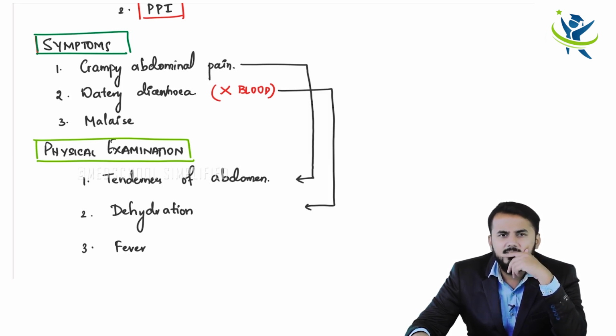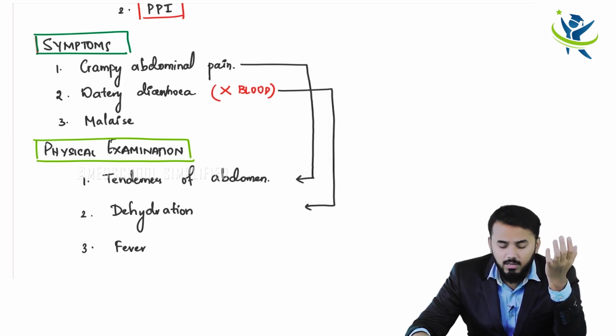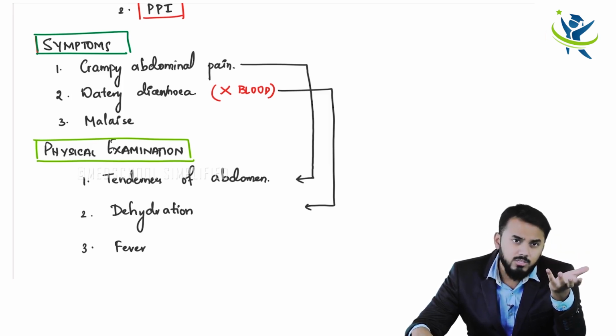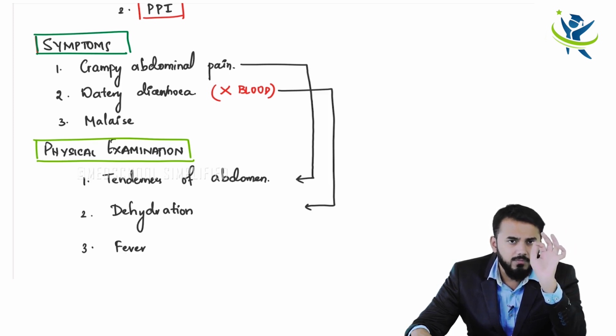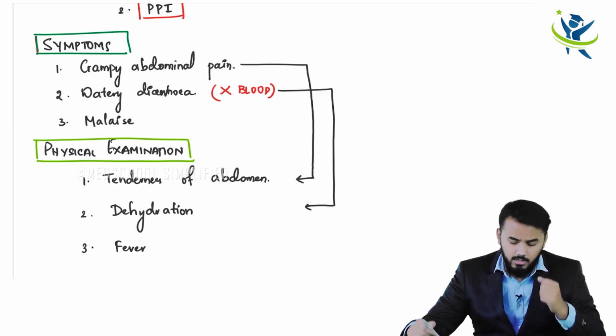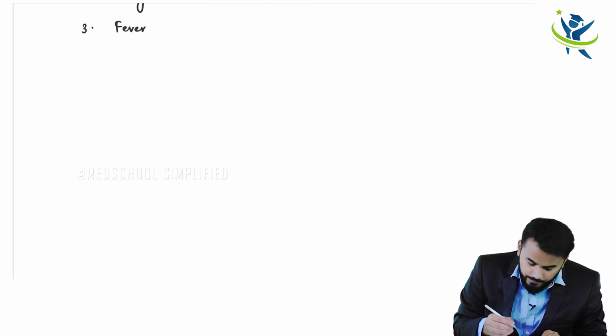Now after looking at this, I have to do some investigations, some imaging, right? The patient is complaining of abdominal pain and I am not sure what it is. So it is better if I take a CT scan of the abdomen and find what is going on in the intestines of the patient.